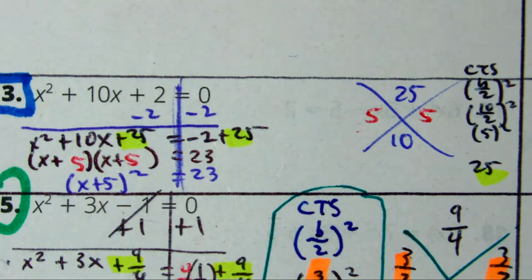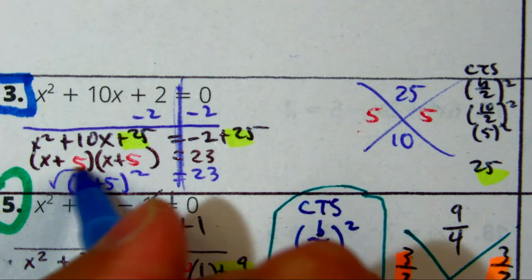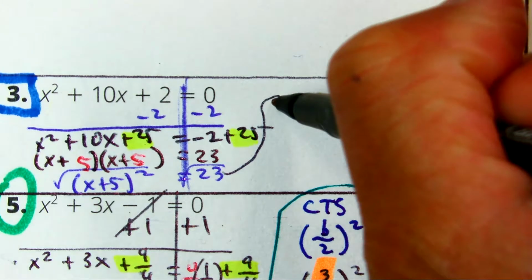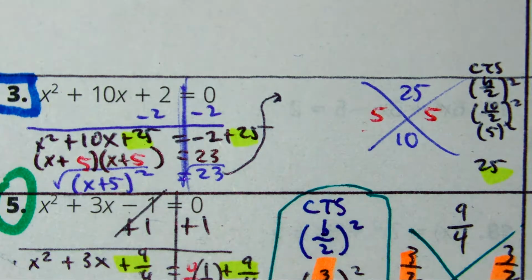All right, Teresa. What's next? We're going to take the square root. All right, Teresa, tell us what to write. Square root's correct.